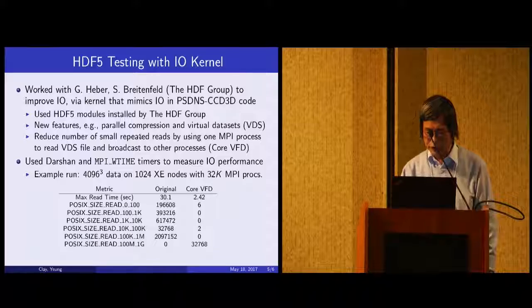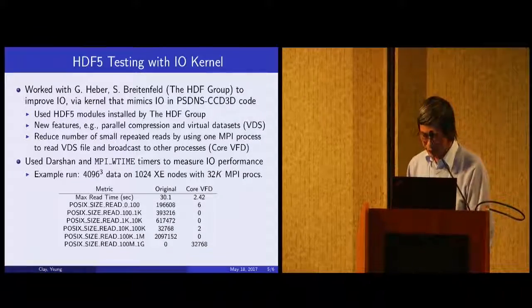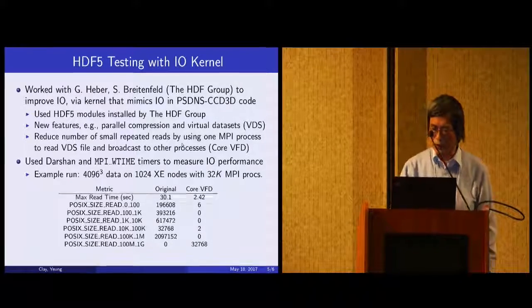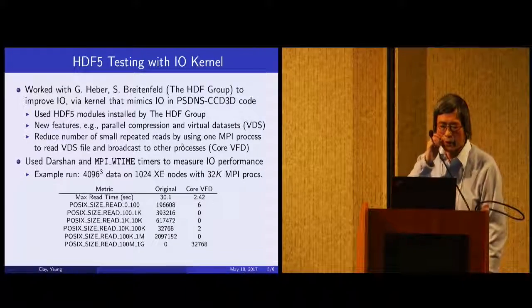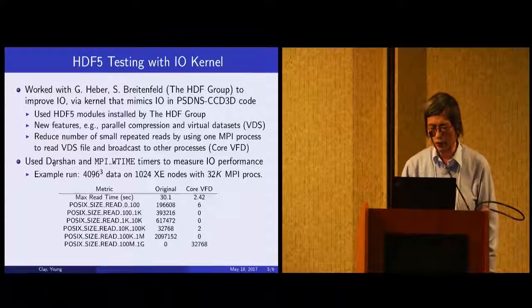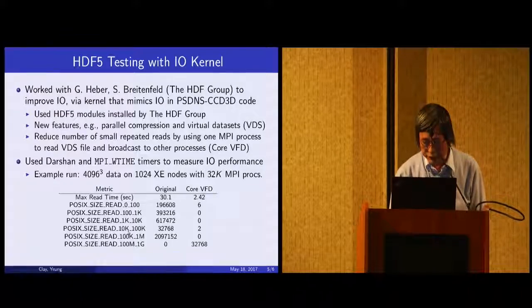We also try to reduce the number of small repeated reads, which are not very efficient. We'll have one MPI task with the information that says which file contains what. And we use Darshan and MPI timers to measure the IO performance.